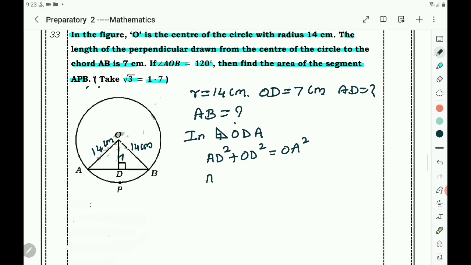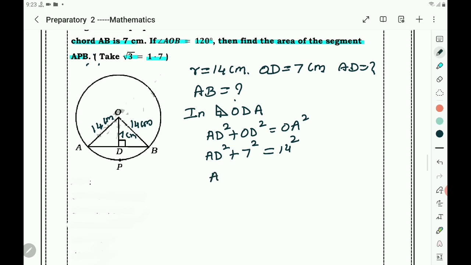AD is to be found out, write AD only. AD square plus OD is 7 centimeter, so 7 square. OA is 14, 14 square. Then AD square plus 49 equals 14 square, which is 196.